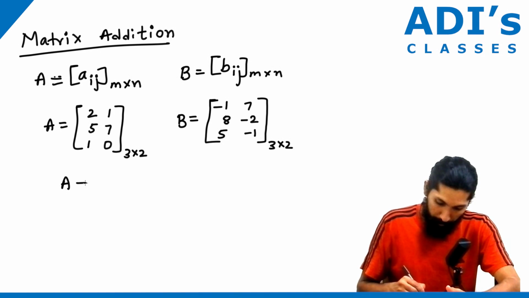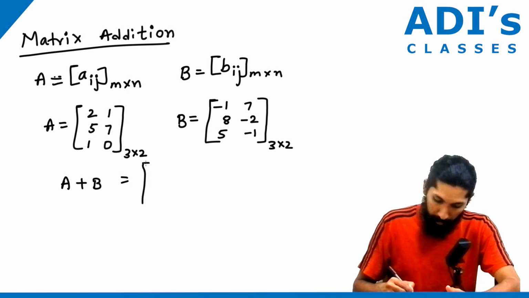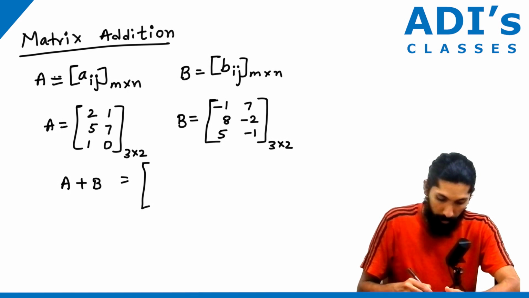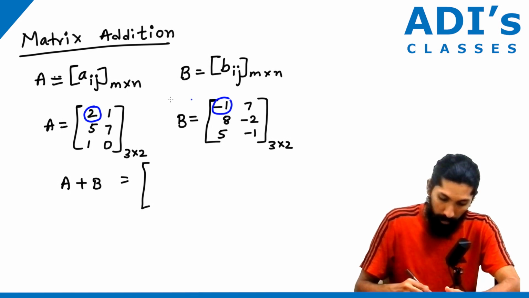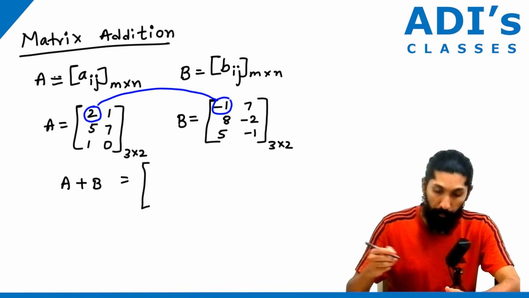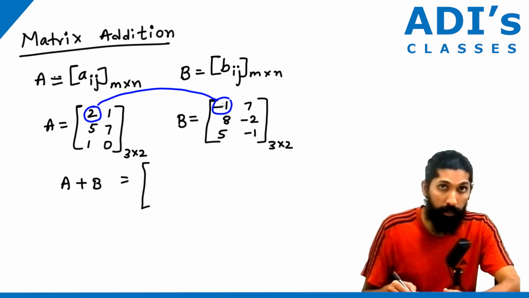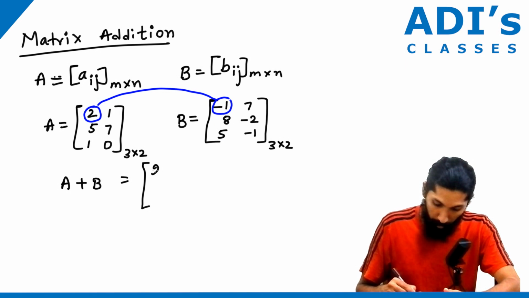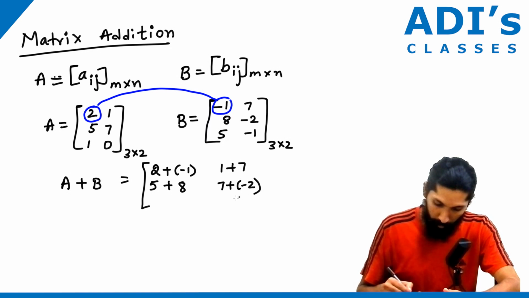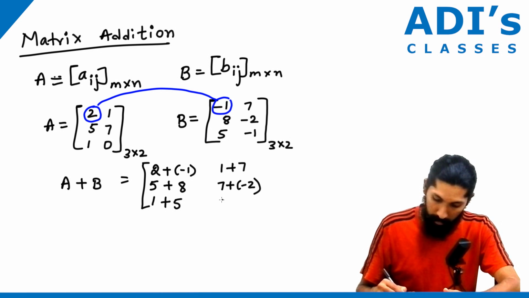Now you can do A plus B. The order of A plus B is also going to be 3 cross 2. Now what do you do here? You take 2, you take minus 1. So you add the corresponding elements. When you add the corresponding elements, 2 plus of minus 1, 1 plus 7, 5 plus 8, 7 plus of minus 2, then 1 plus 5, 0 plus of minus 1.